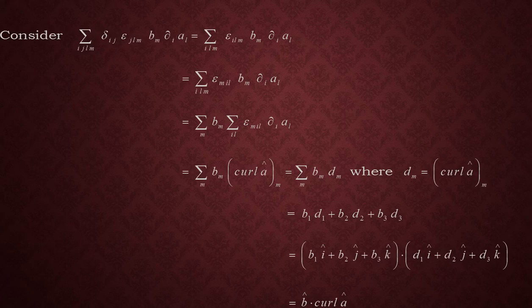So we obtain B cap dot curly A cap. So our first summation sigma over ijlm delta ij epsilon suffix jlm Bm dou i Al equals B cap dot curly A cap.